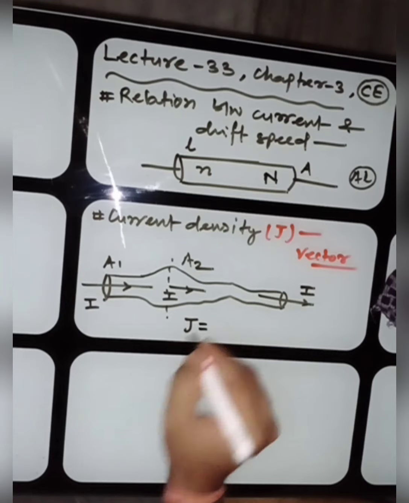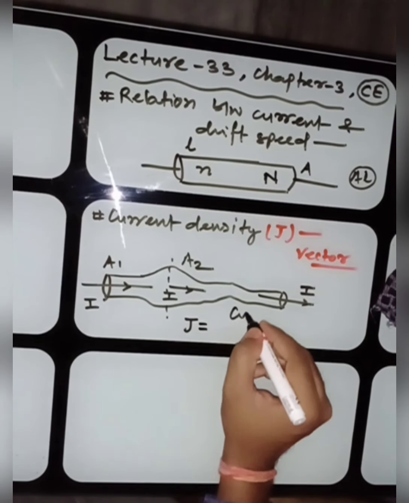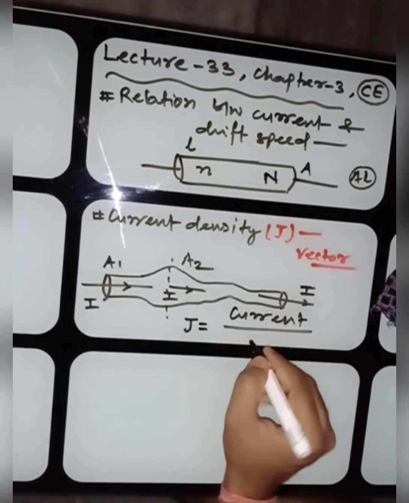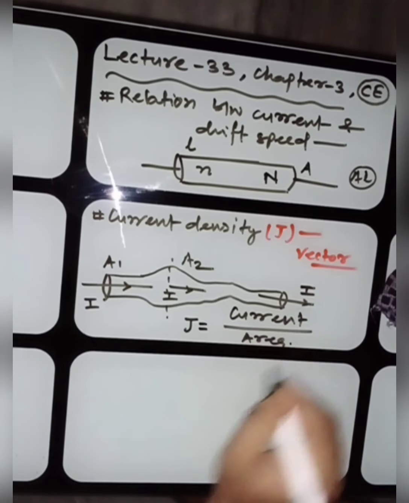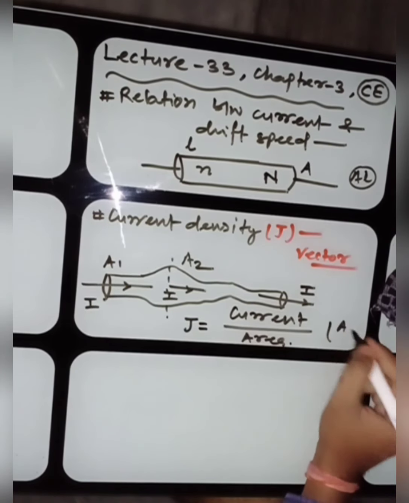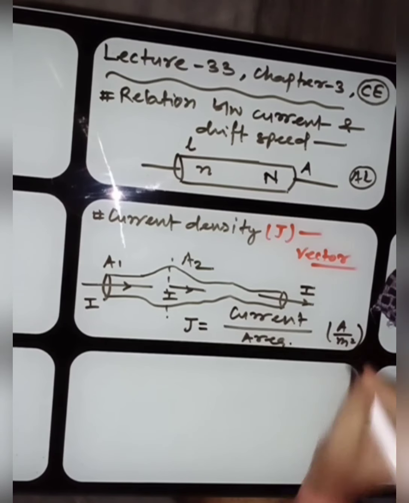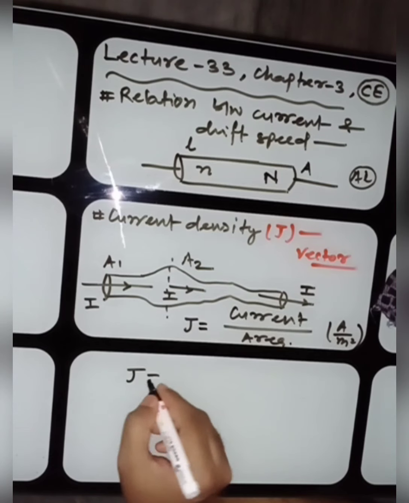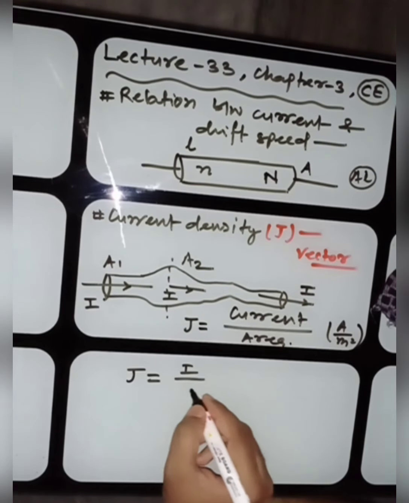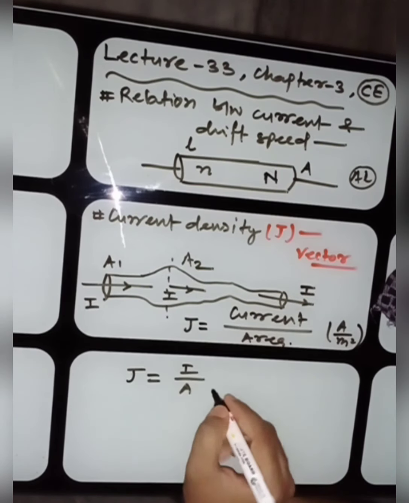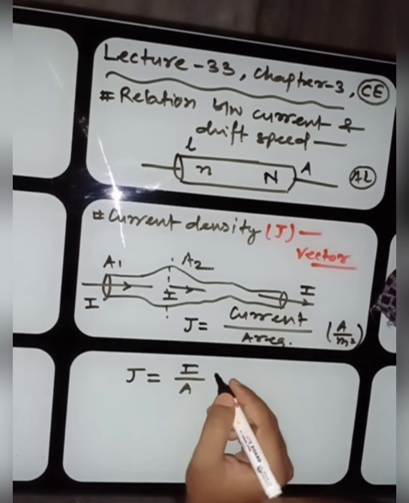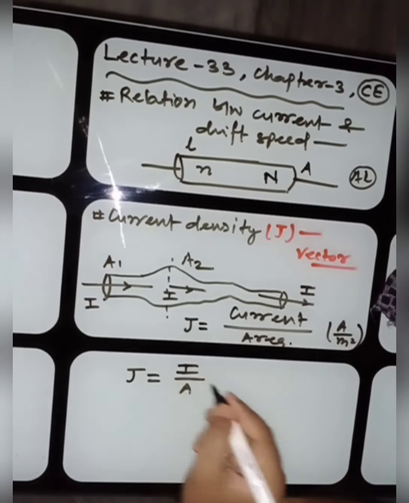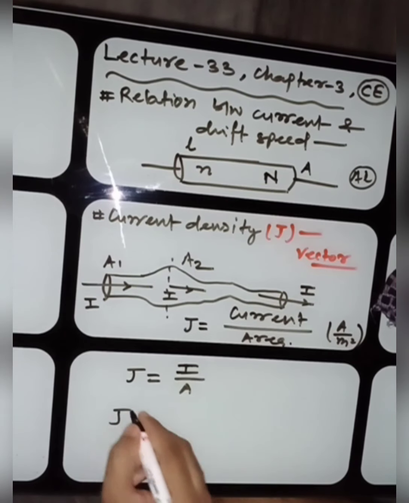So J is nothing but the electric current per unit area, that is the cross-sectional area, ampere per meter square, and this can be written as J is I by A.